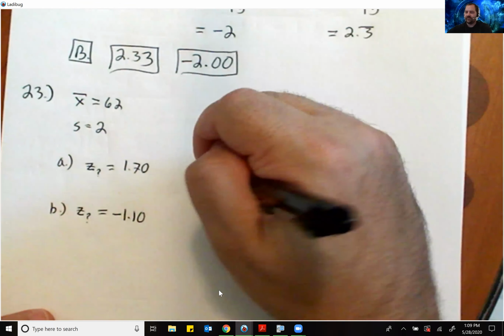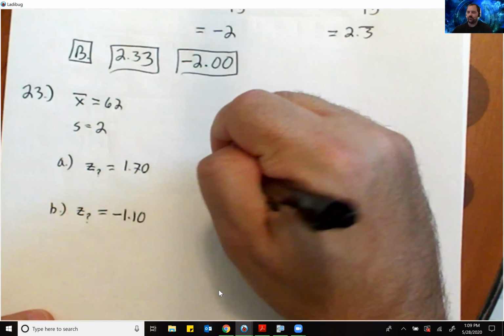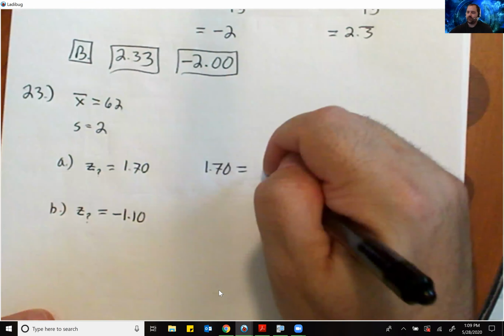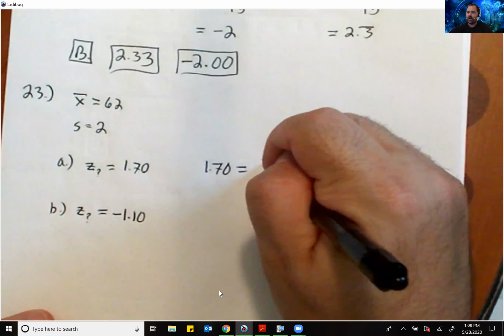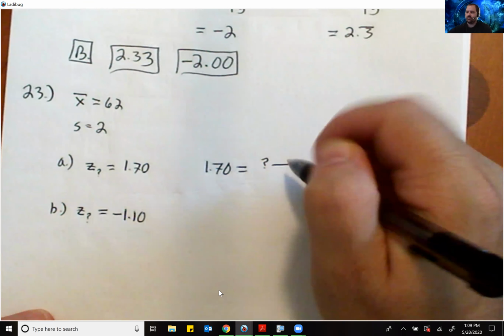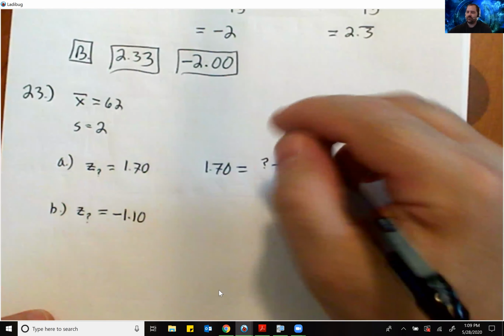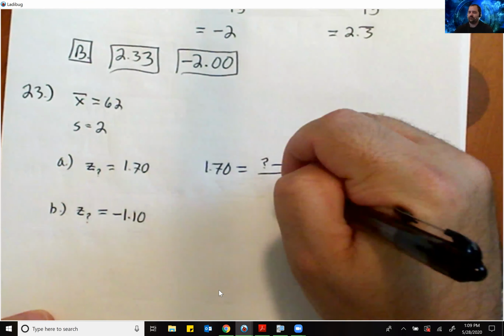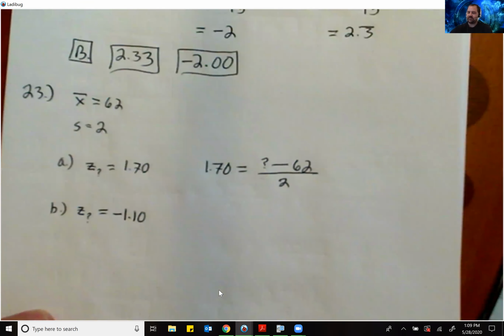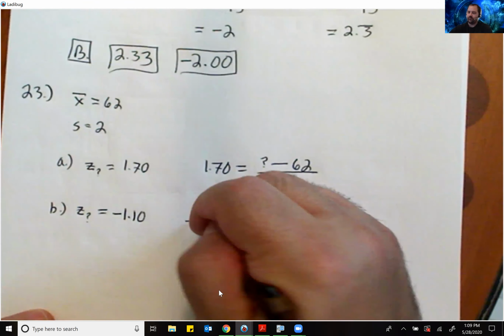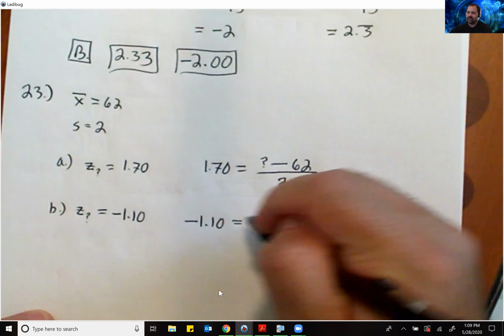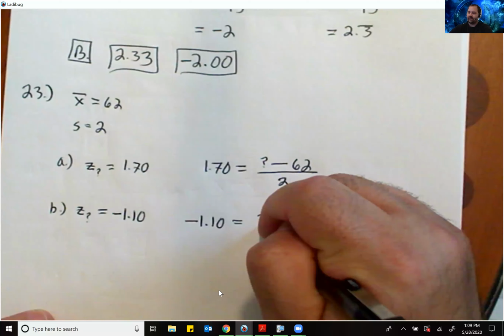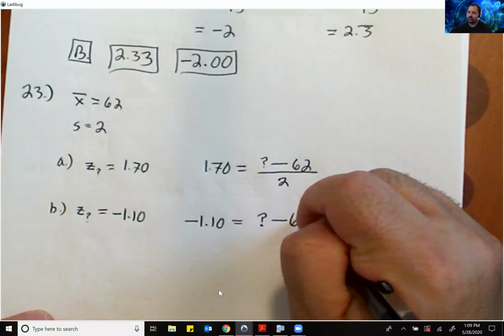So 1.70 is equal to our data value minus the mean, 62, divided by 2. And down here, -1.10 is equal to our data value minus the mean, divided by 2.